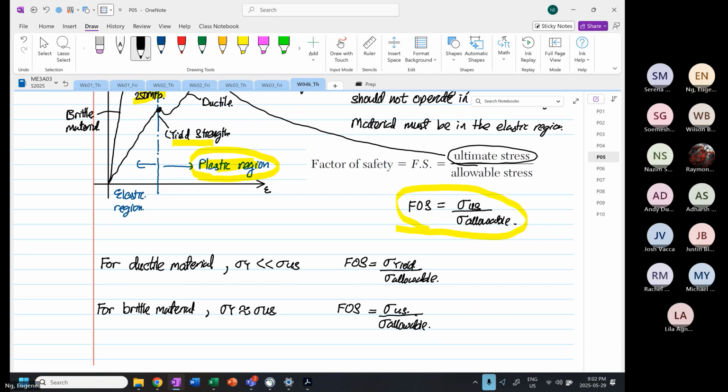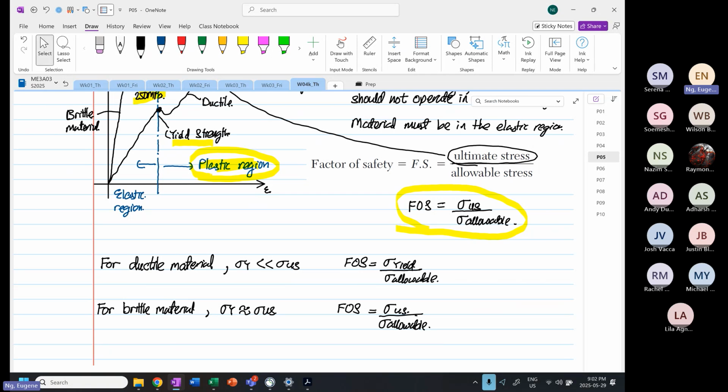So as an engineer with a degree, you have to know when to apply what. Okay. As I say, the textbook is fine. For ductile material, you use yield strength divided by allowable. For brittle material, it is the ultimate strength divided by allowable.